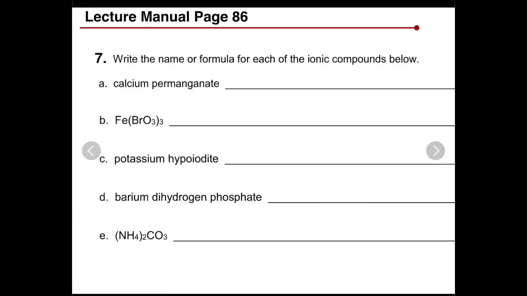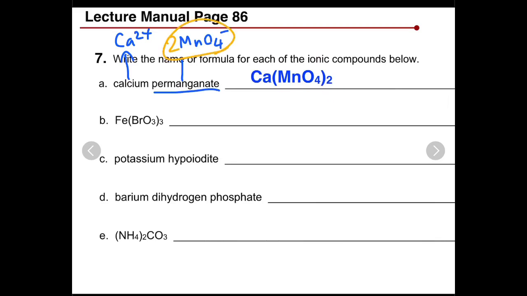So permanganate is MnO4 minus, calcium is Ca2 plus. So you will see that we need 2 of these per 1 of these. That's why you are going to use parentheses and then subscript 2, because we need 2 of these total. So you need parentheses MnO4 with subscript 2, because that is what is referred to in the chemical formula.